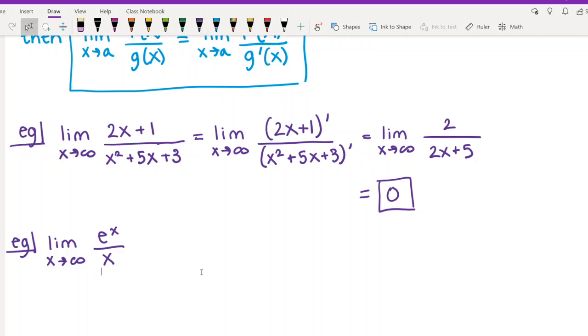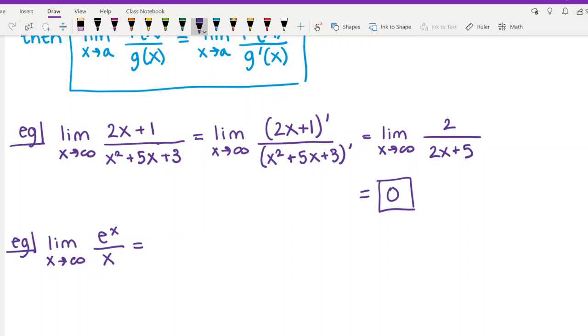If we're thinking about which one is growing faster, e to the x is a faster growing function than just x. If you plug in a number for x and then plug that same number into e to the x, you get a bigger result for e to the x. So you might guess this is going to go to infinity, because the numerator is lifting the whole thing up to a bigger number, and the denominator isn't doing anything to drag it down.